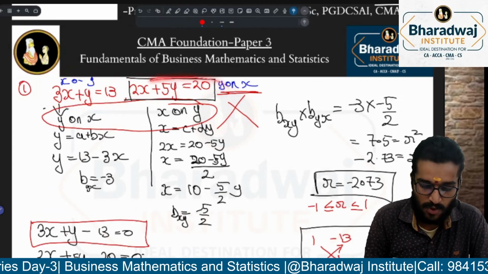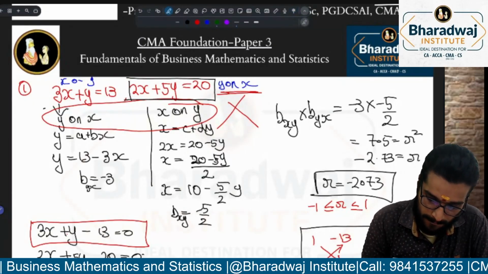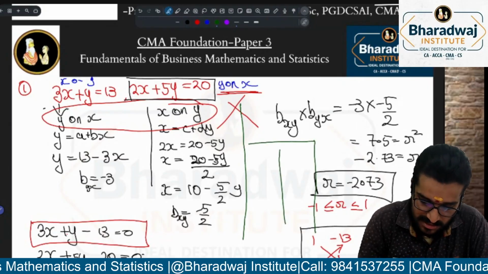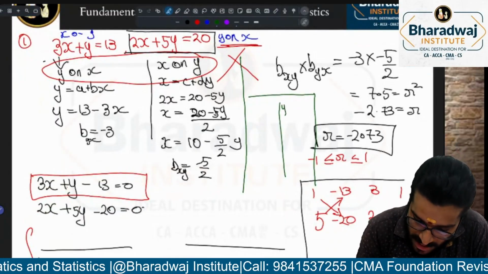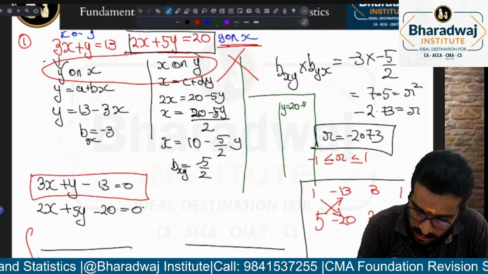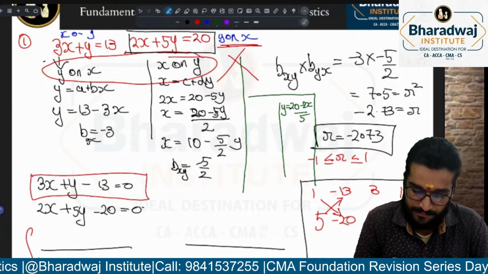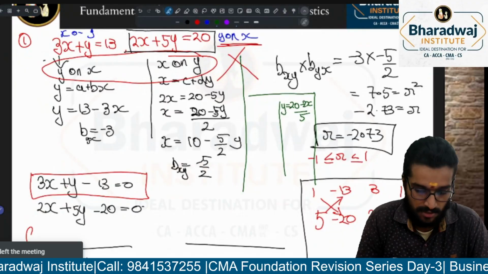So if this is y on x, how can I write this? 5y equal to 20 minus 2x. So y equal to 20 minus 2x by 5. What is the regression coefficient of y on x?